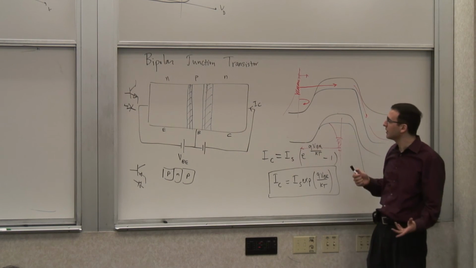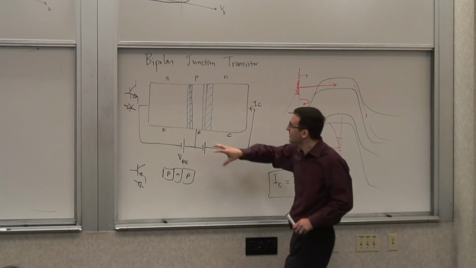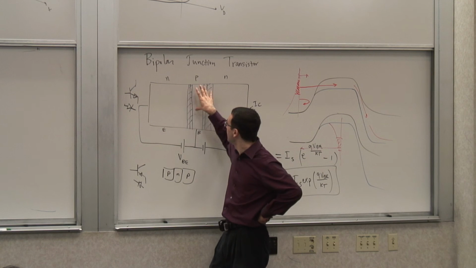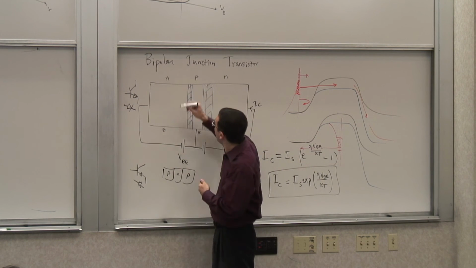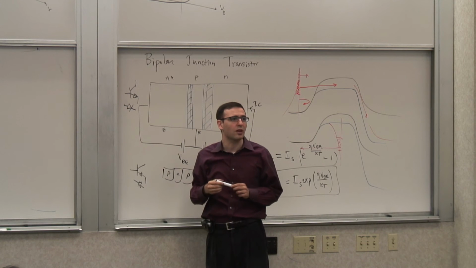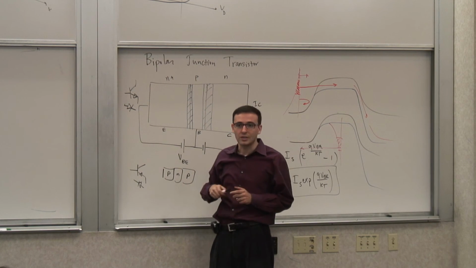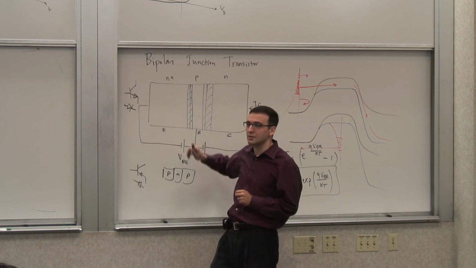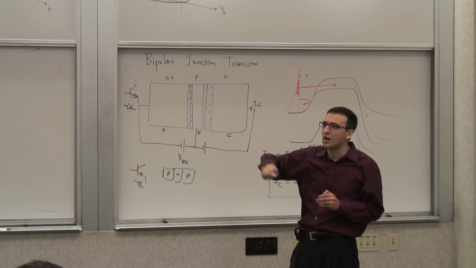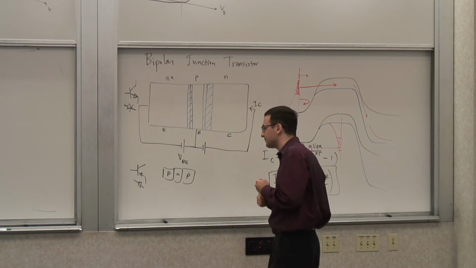So most of my current will be carried by the electrons. So I want this side to be much more highly doped than the base. And actually, I usually try to dope it as high as I can. And sometimes we show it as N+. So the emitter side has a doping concentration that's higher than the base side to get as high an emitter injection efficiency as possible.